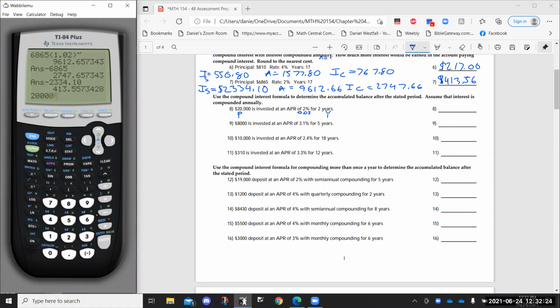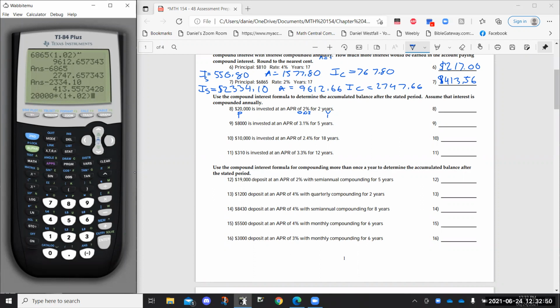Times 1 plus 0.02 divided by 2, because it's for 2 years, right? Oh, I'm sorry, not right. Number of payments per year is still 1.